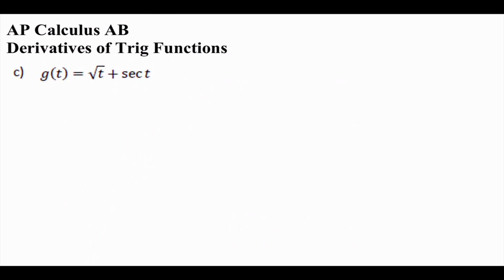So now square root of t and secant of t are being added together. Not multiplied no more. They're being added together. So the first thing I'm going to do is rewrite g of t. Instead of the square root of t, I'm going to give it a power.